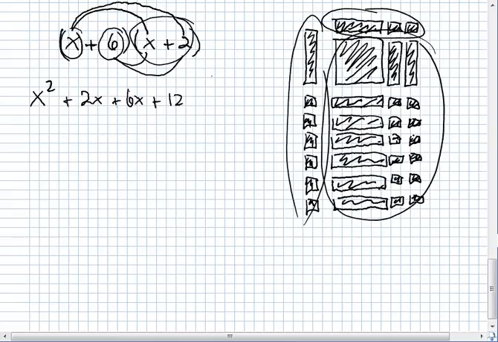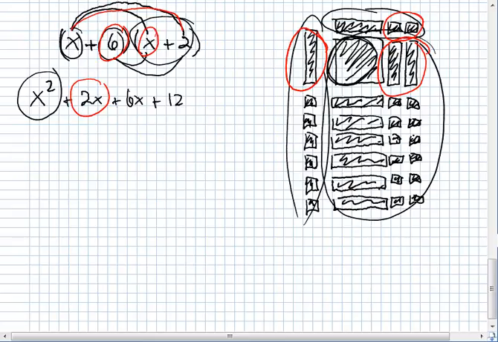Okay? And we see the same thing in the diagram. In other words, x squared is right there. I'll use a different color here so it shows a bit better. And then the 2x comes from x times 2. There's my 2x's. And then I do 6 times x. In other words, here's my 6, and here's my x.